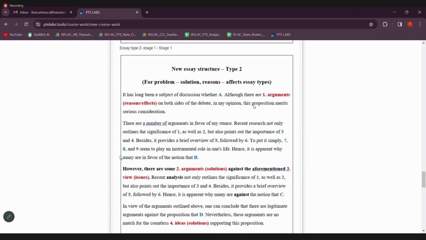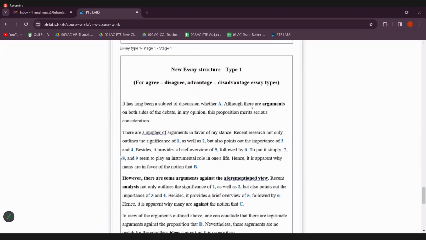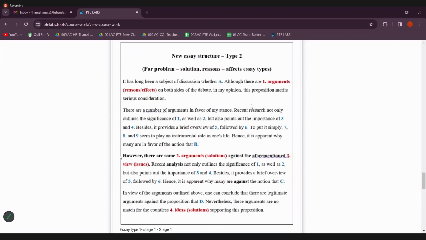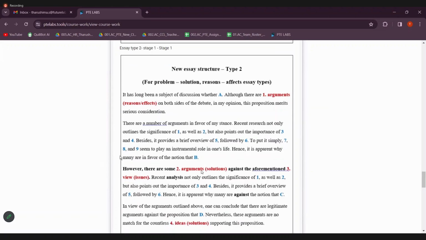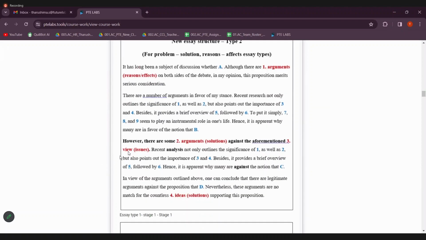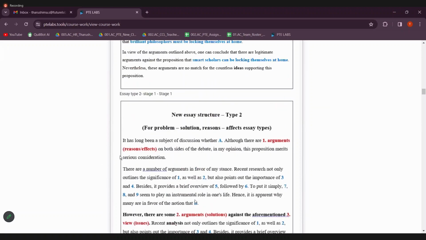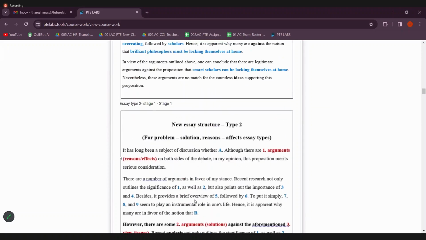The same structure, but there are only four differences. This argument goes for reasons, and these arguments go for solutions, and this view goes for issues, and these ideas go for solutions. That's the only difference between the two structures.